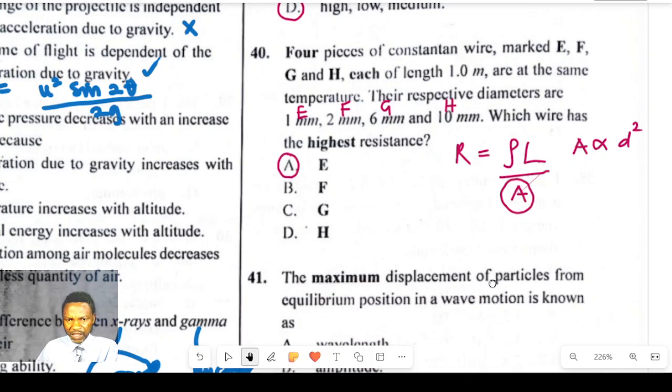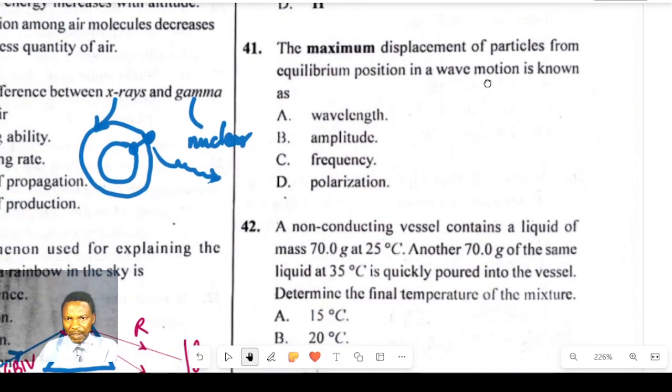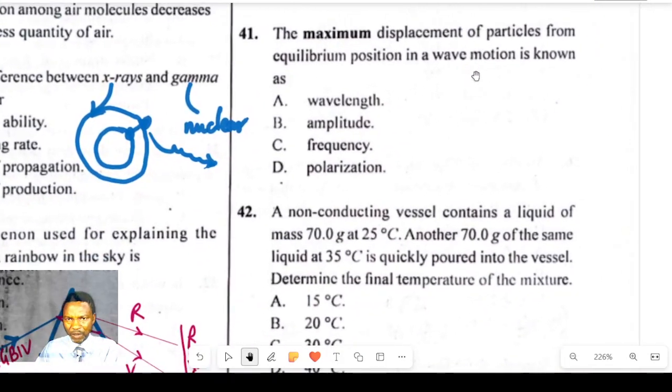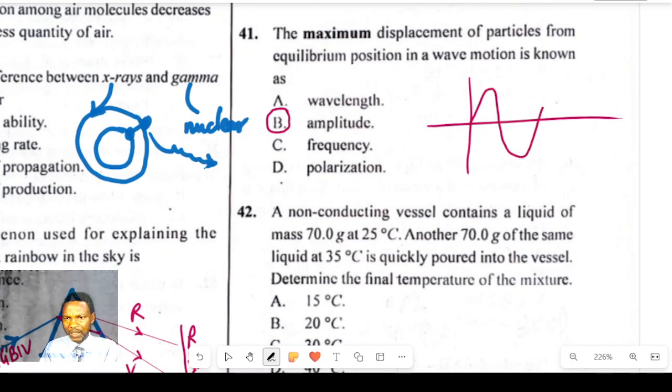Okay. Question 41. The maximum displacement of a particle from the equilibrium position, this is a definition, that is the amplitude. So if you want to illustrate that, maximum displacement from the equilibrium position is the amplitude of the wave.